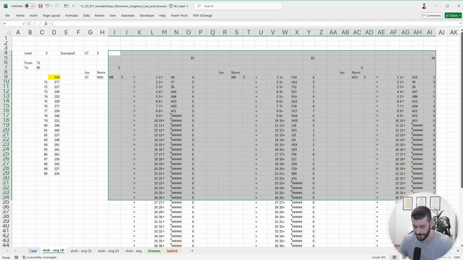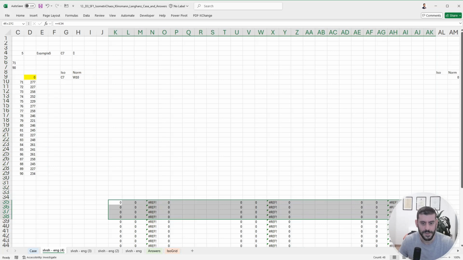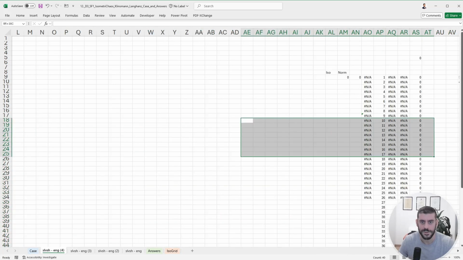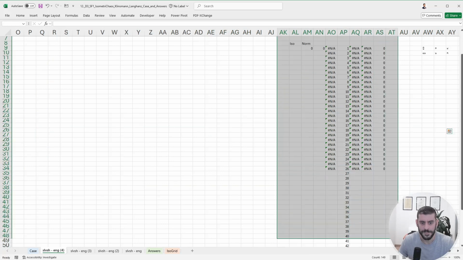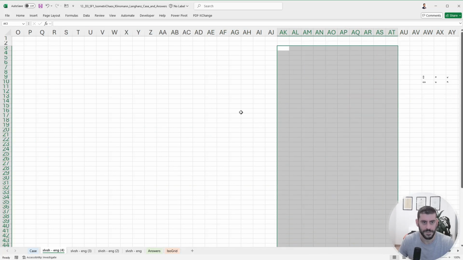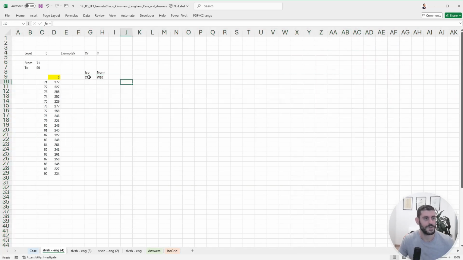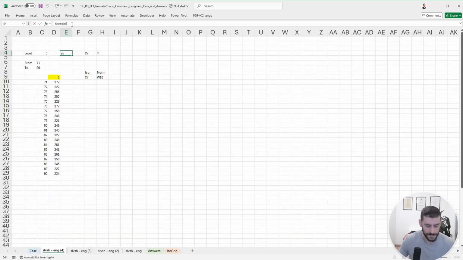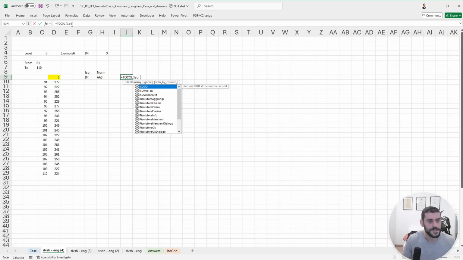So let's cancel out all this stuff. I'm starting with an isoref, so okay. On the two call of isogrid grid.